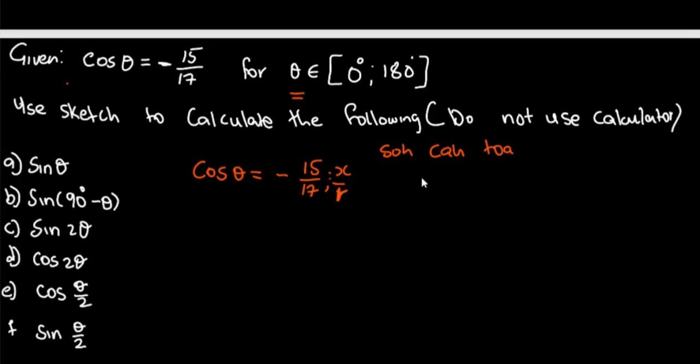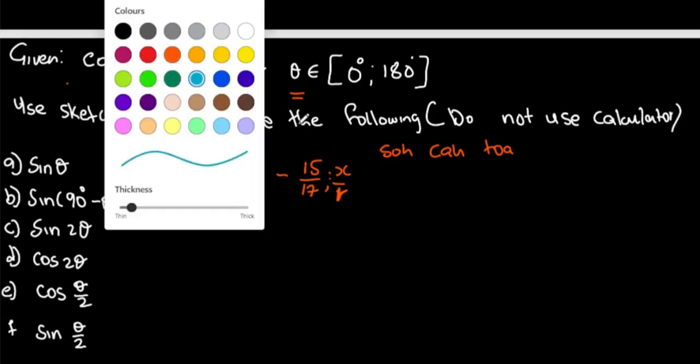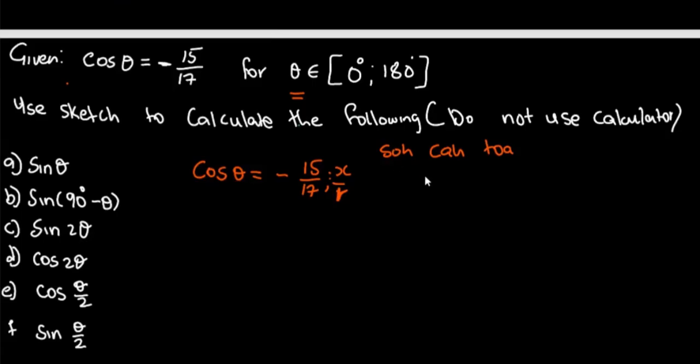When they say that theta must be an element of 0 to 180, we need to choose which quadrant we're going to work on. So now I'm going to draw my Cartesian plane here. This is my Cartesian plane.